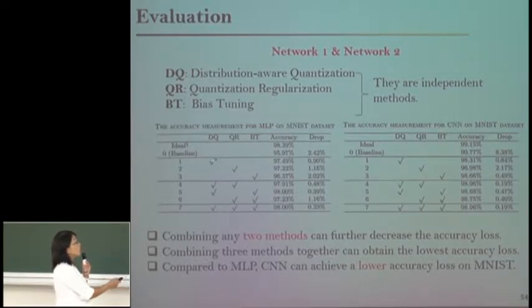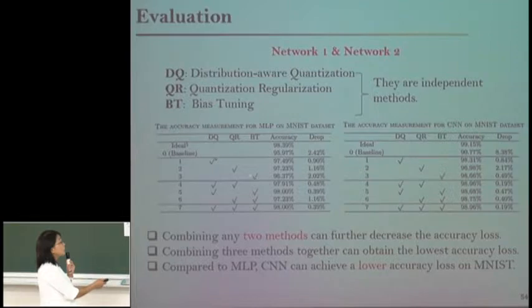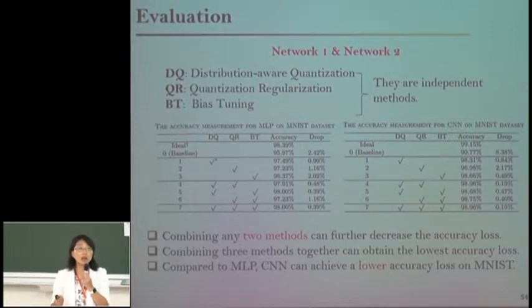We start with only applying one technology, then combine two, and then combine all three. For simple networks and simple data sets like MLP on MNIST, one scheme or at least two can cover the impact, as I show over here.